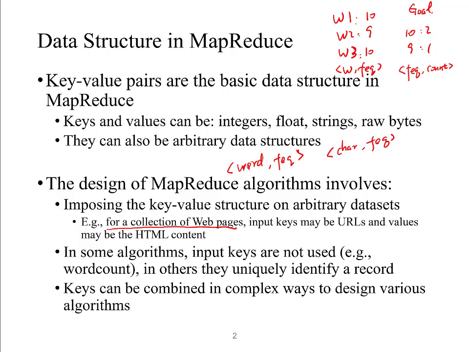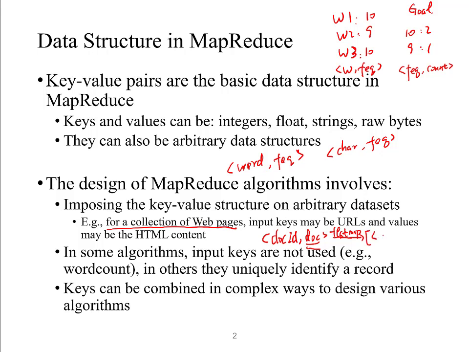For example, in word count, the input key would be a document ID where the value is the content of the document. So if you still remember, the first thing we do is to use a flat map to extract the terms in the documents.